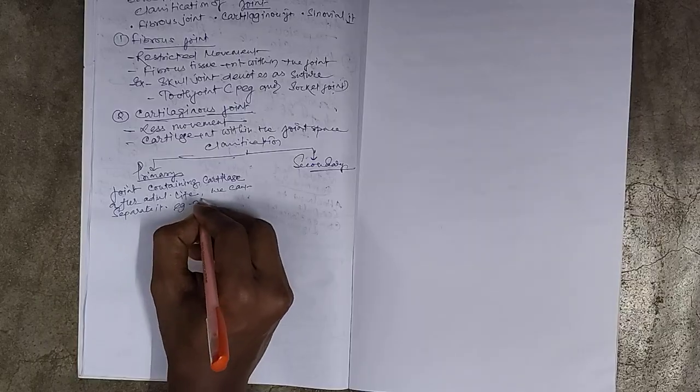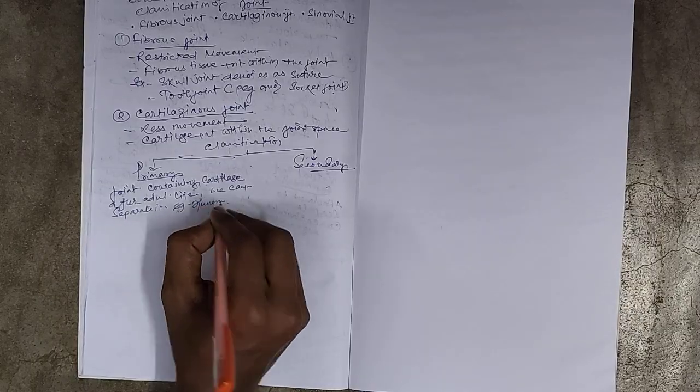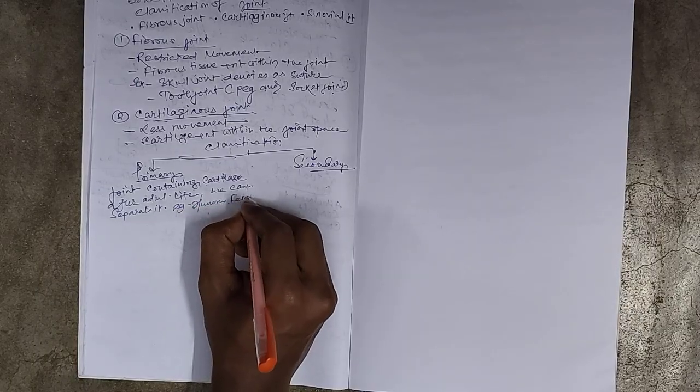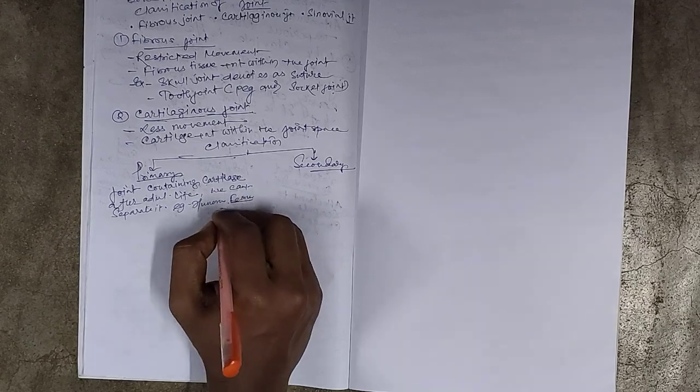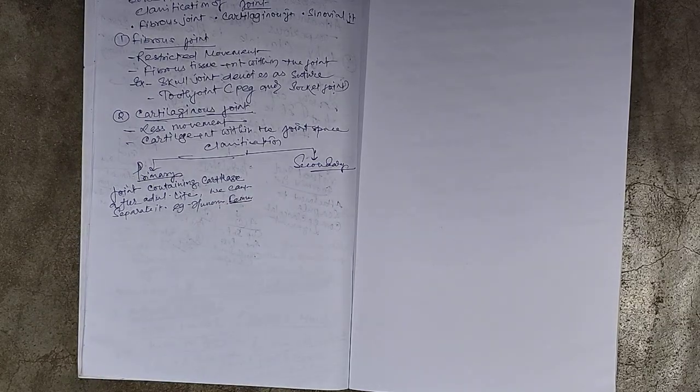Examples: humerus, femur, and any long bone. So in the case of a primary cartilaginous joint, it contains cartilage after adult life, and we can't separate it, as for example humerus, femur, etc.